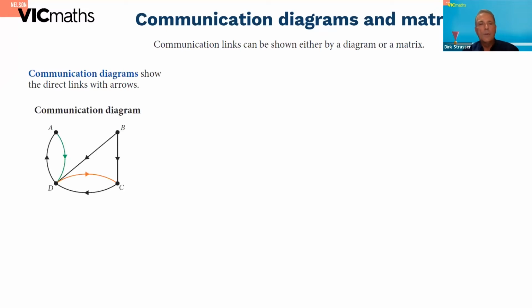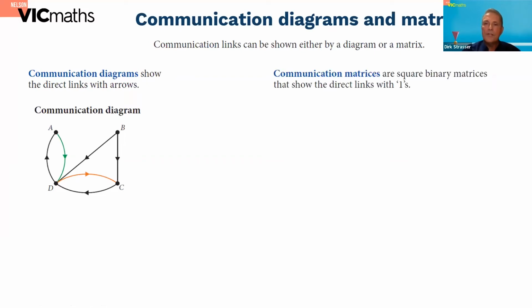It's often good to show a communication diagram first, because you can see from here who can communicate with whom. You can see from that A can communicate with D, and D can communicate with A. A can't communicate at all with B, and so on. So the arrows indicate communication.